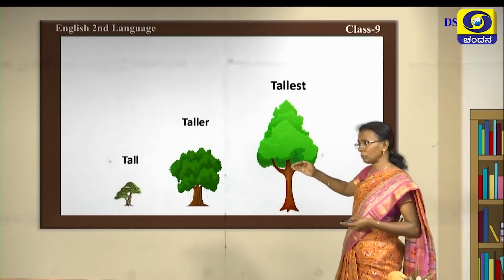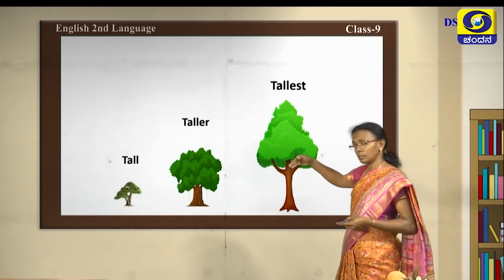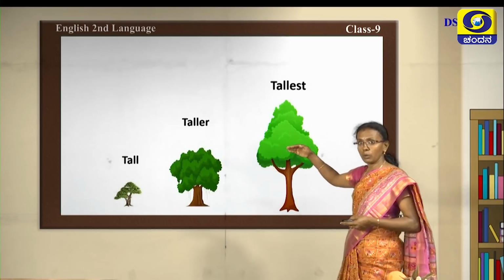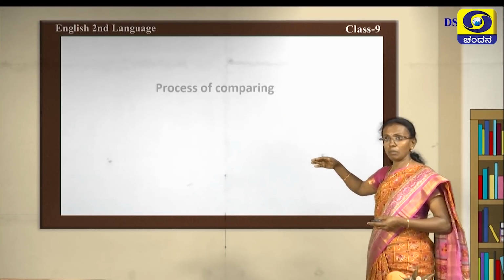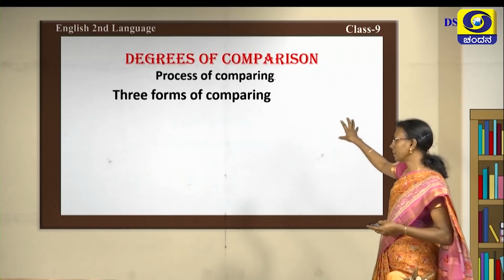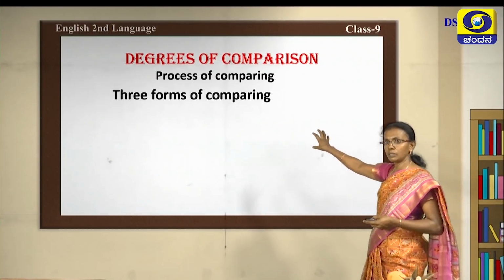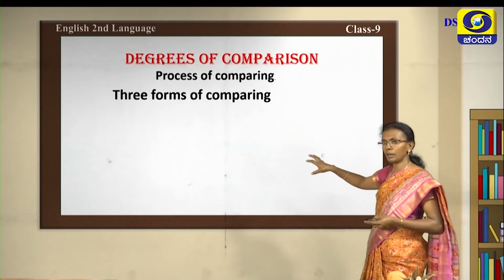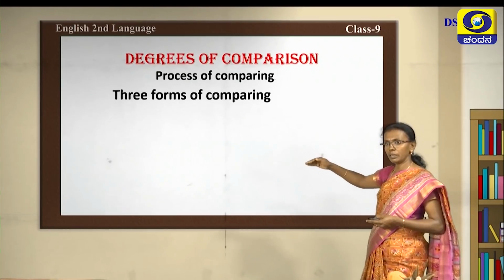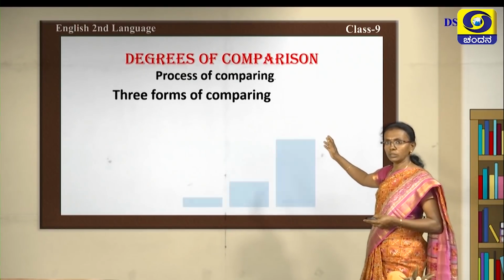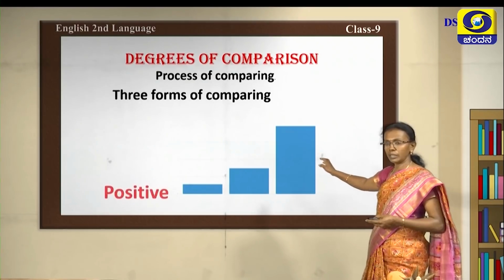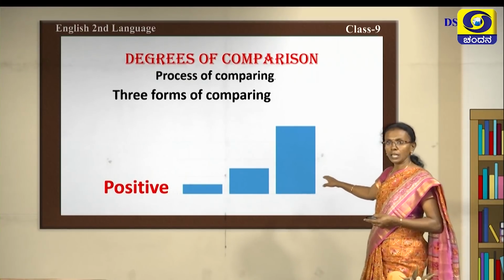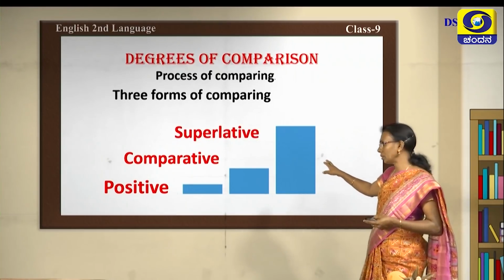The adjective has been developing, the process has been taking place. So these are nothing but degrees of comparison. We are comparing the adjective in three degrees. What are those three? First is the positive degree, the second one is the comparative degree, and the third one is the superlative.